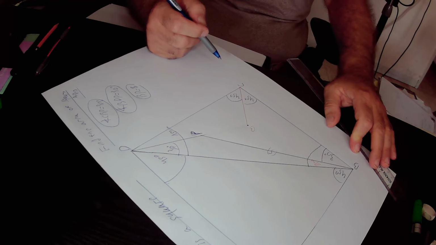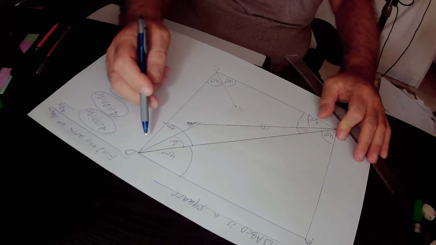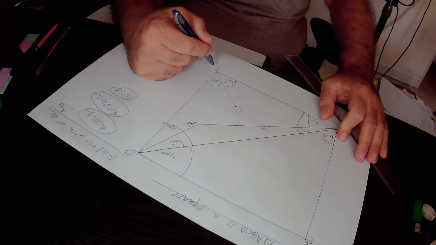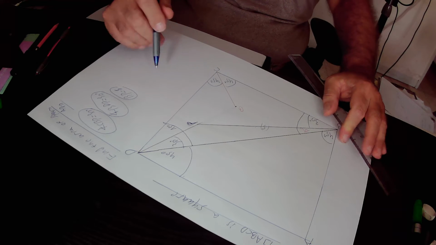In the next step, we will extend line segment DP until it touches the angle bisector.